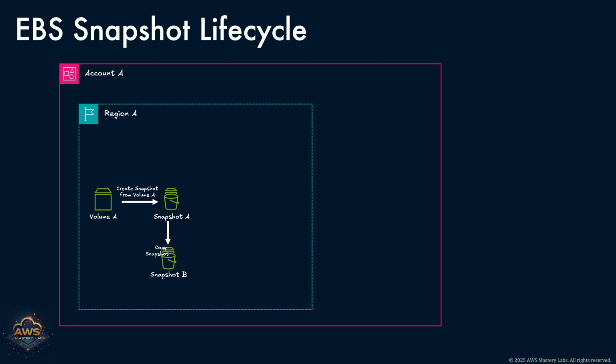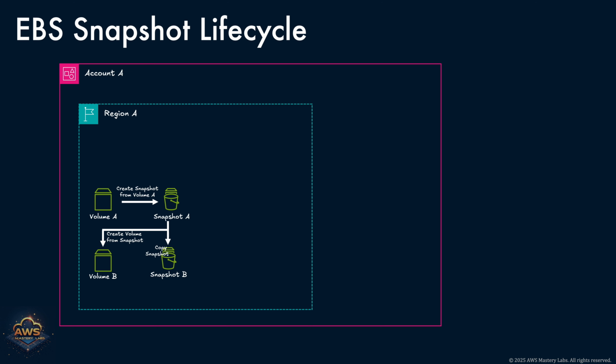You can copy any snapshot you own, as well as snapshots that have been shared with you, whether they are shared privately by specific AWS accounts or made publicly available. This functionality is especially useful for creating backups in different regions for disaster recovery or for sharing configurations across multiple environments or teams while retaining control over your own copy.